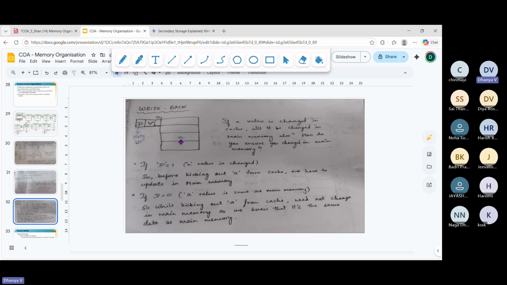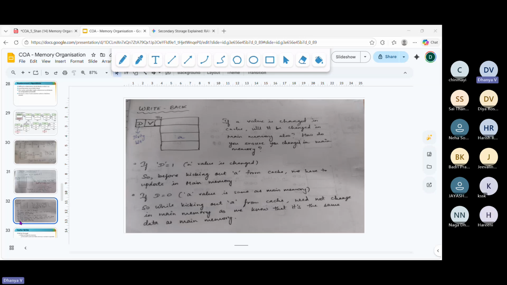That is the concept behind this. If D is equal to 0, that means you need not change it in the main memory, so your time gets saved. You can just kick out that A if you need to kick out. Is this part clear?